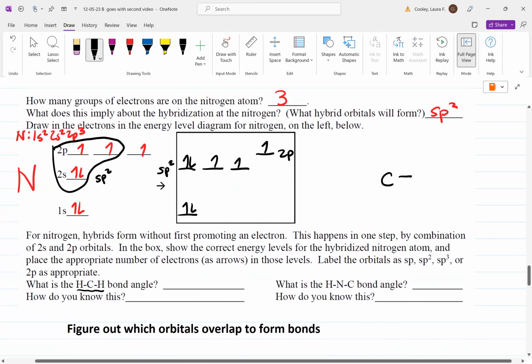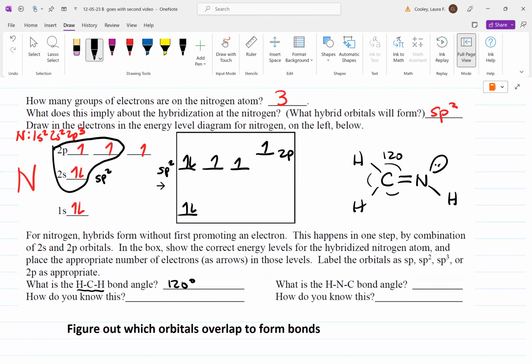So if this is our Lewis structure, we've already talked about how these angles are all 120 degrees. I know that because it's trigonal planar, with 3 bonds to atoms and no lone pairs. So it's exactly 120.